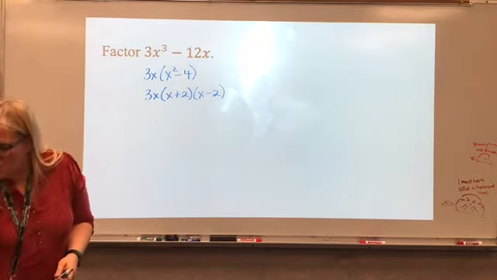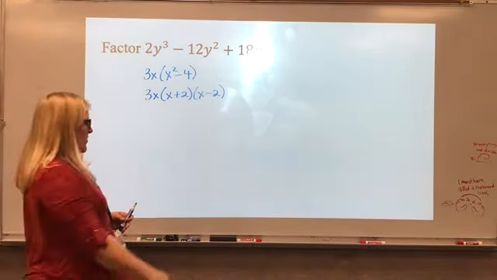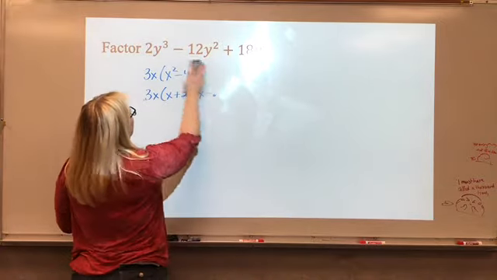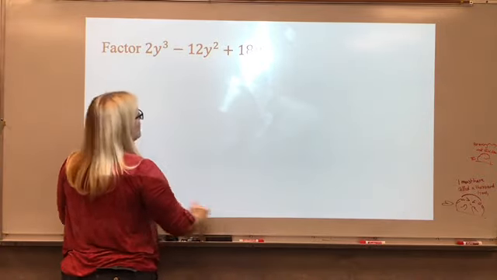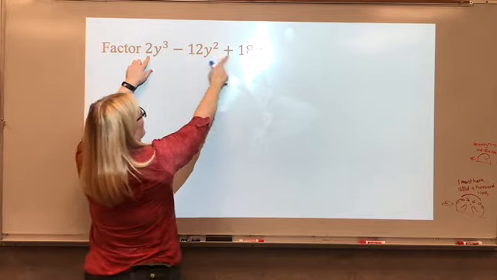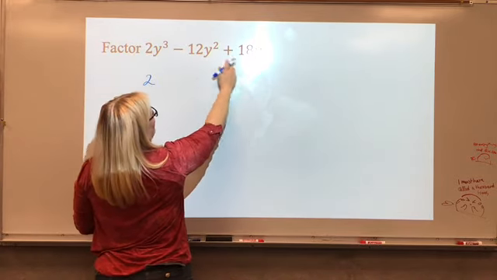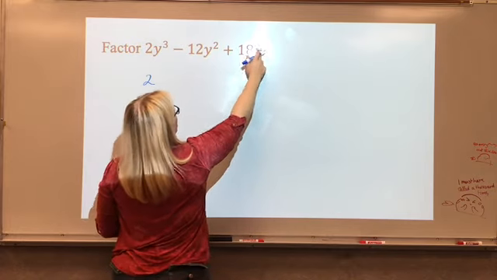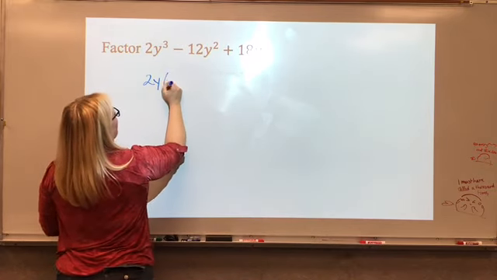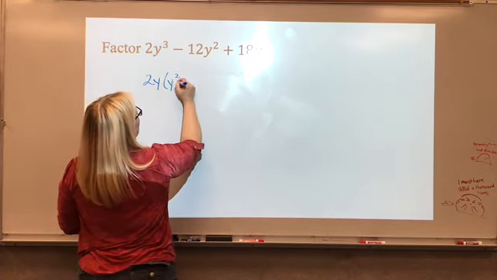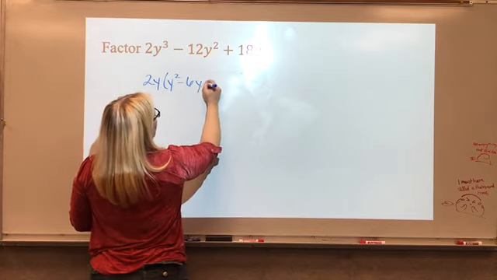Okay, let's do one more before we go on to the next video. Hopefully here you see that I can factor out a 2, they're all even, and there are y's in all of them, so I picked the smallest one so I can factor out a y, and I'm left with y squared minus 6y plus 9.